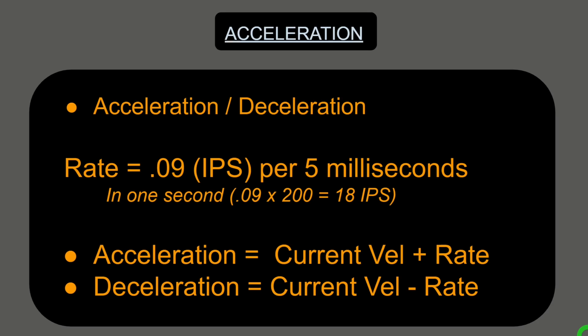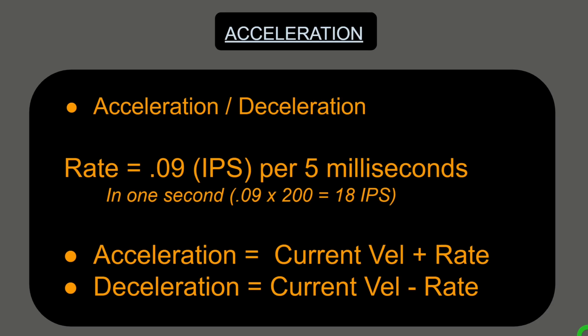Now, if you take 1 divided by 5 milliseconds, you will get 200. That would be the number of cycles to get all the way up for a full second. So in 1 second, if I take 0.09 times 200, I will get 18 inches per second. So it takes 1 second to get up to that velocity.